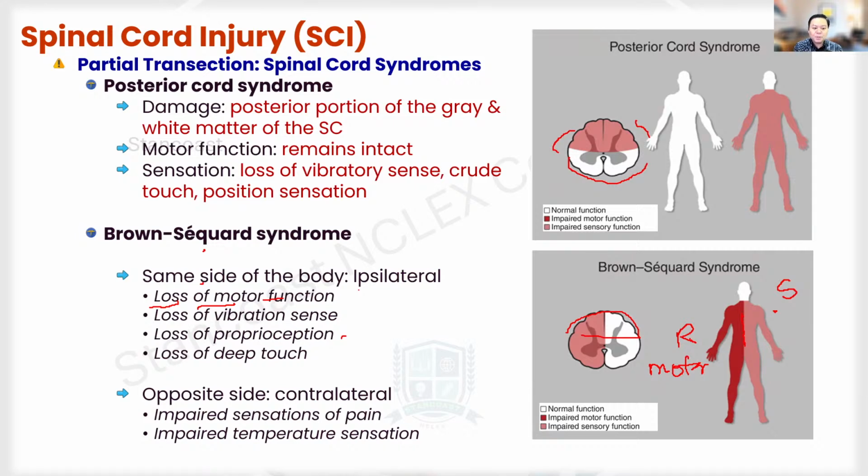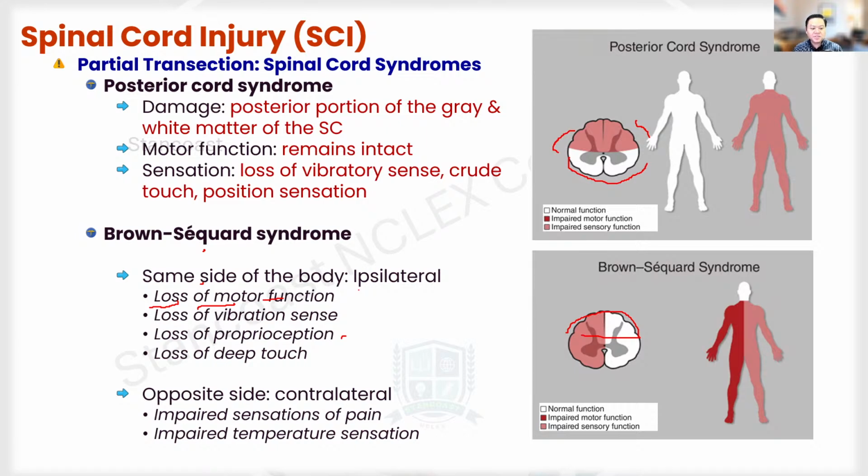So for example, let's reverse this. If the injury is happening on the left side of the spinal cord, well, the impairment of the motor function will be on the left side. However, there's going to be an impairment of the sensation on the opposite side.